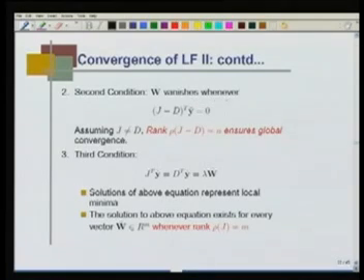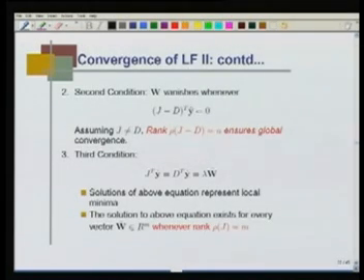But W dot vanishes whenever this is 0. So, if we assume J is not equal to D, then rank of J minus D equal to N ensures global convergence. Because if J is not equal to D, that implies this is 0 only when Y tilde is 0, that is global convergence.